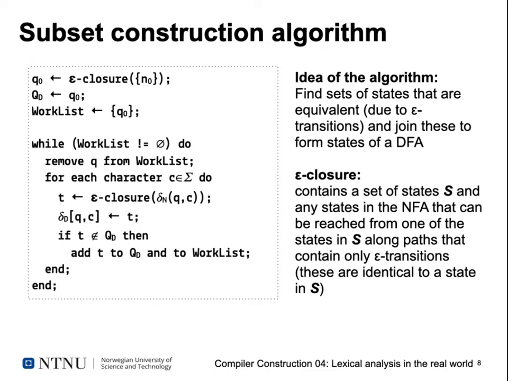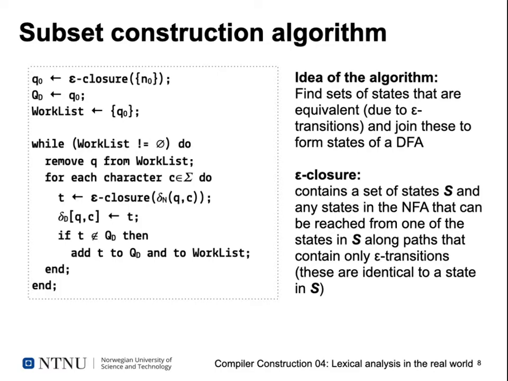And if not, we've already seen it, and we go through all of this, until our work list is empty. So if we have removed the last element here from our work list and we didn't add anything here, then we're actually finished, and we have constructed a new graph with new sets of states, with new sets of start, finite states, and with a new transition function.